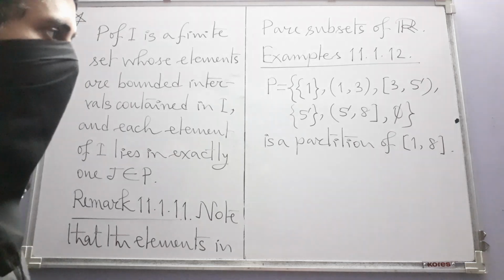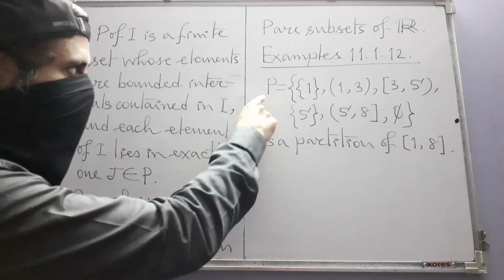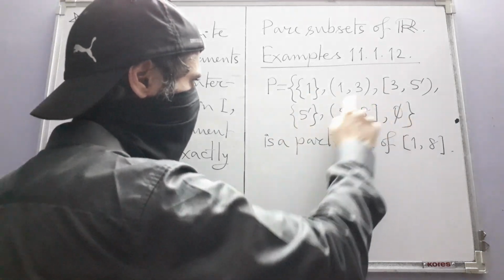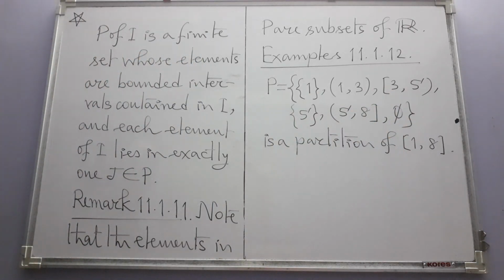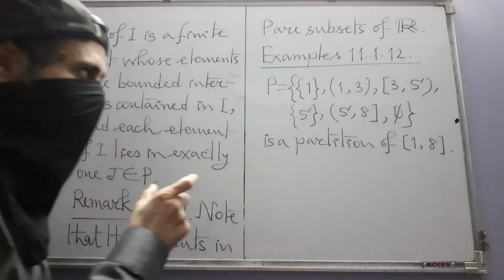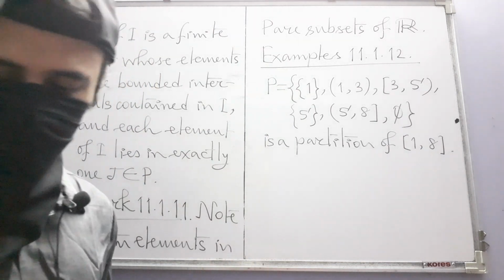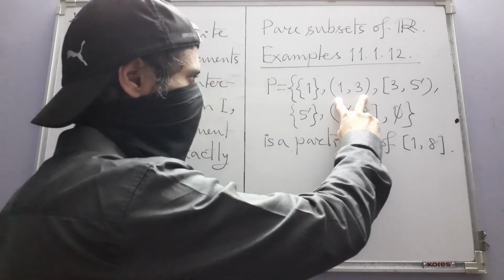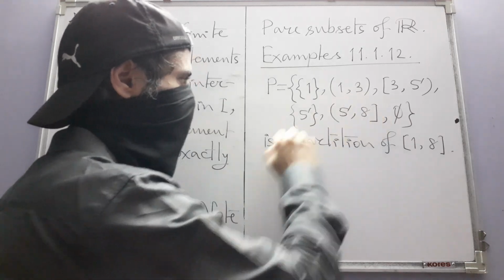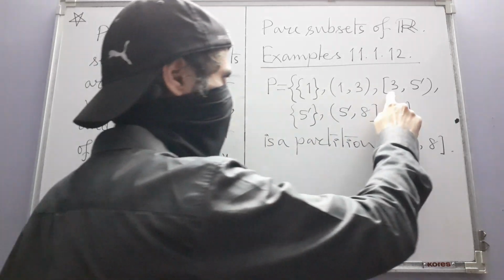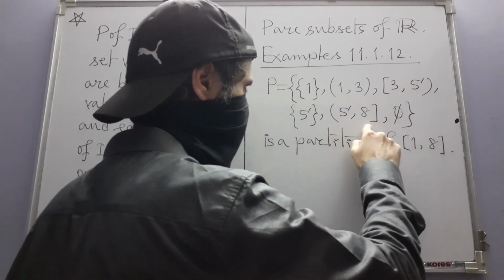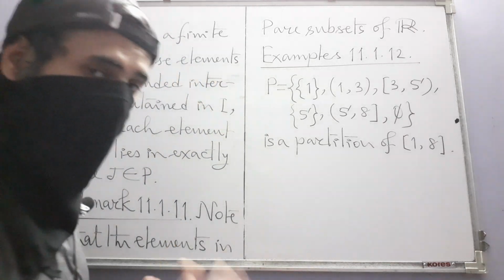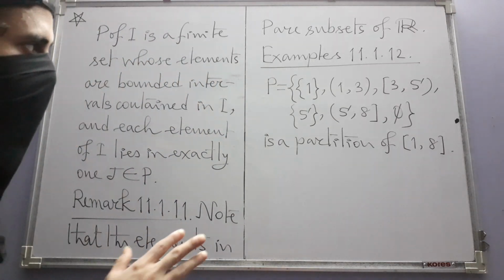Let us verify. Okay. What are the conditions? First of all, P needs to be a finite set. Yes, it is. Because you can see that there are 6 elements in P. Then the elements of P need to be themselves bounded intervals. Are they? Yes. This is a bounded interval, an open interval, but after all bounded, because its left and right endpoints are real numbers. This is also a half open bounded interval, and so is this. And this singleton, 5, and the empty set are degenerate bounded intervals, but after all bounded intervals.